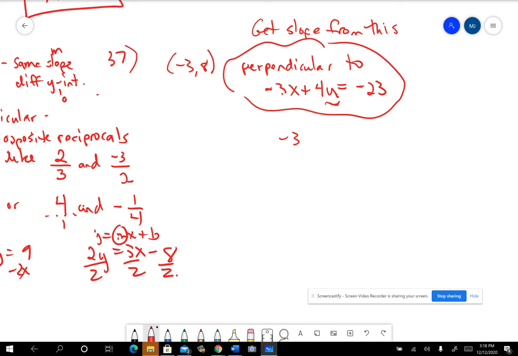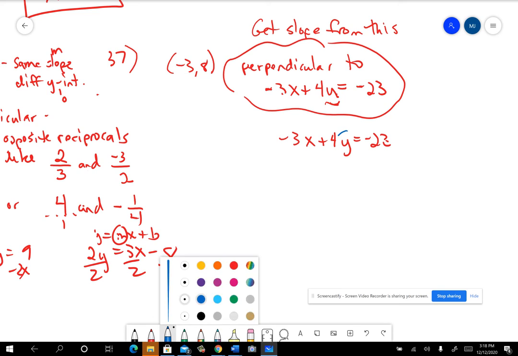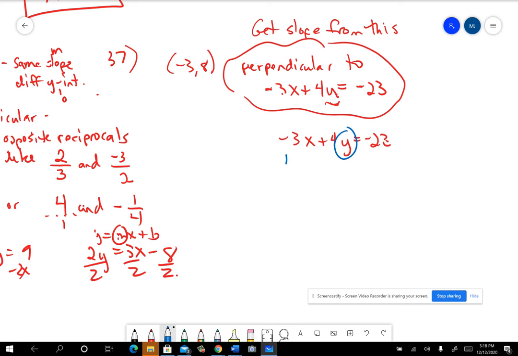So you start with the equation, and you work on getting the y by itself so you get it in slope-intercept form. So I would add 3x to both sides. When I do, I have positive 4y, and be careful to make sure you're pulling whatever that sign is. It just happens to be plus on this one. And then mx plus b, so let me put the x term first.